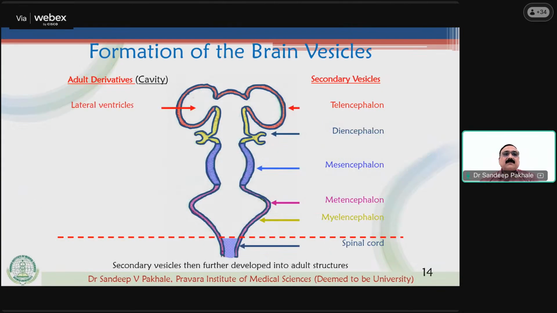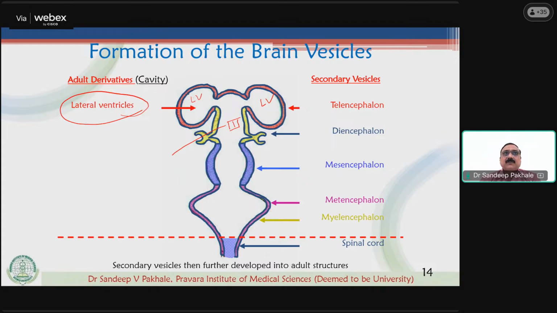Other cavities: the telencephalon has the lateral ventricles. There are two lateral ventricles. The lumen of the diencephalon forms the third ventricle, which is a midline cavity associated with thalamic structures.